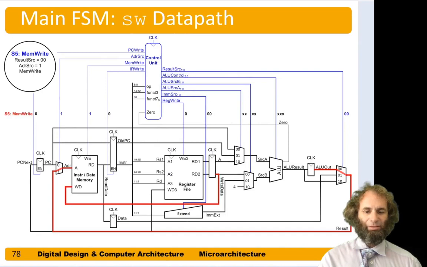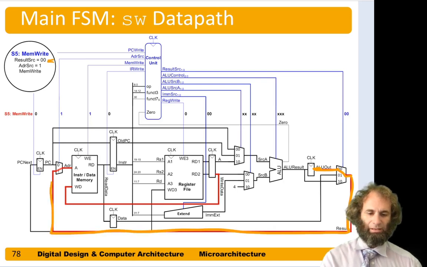So here's the data path while doing that. In the 4th step, the address was sitting here in ALU out. We need to make result source 00 to choose that address. Bring it back around and address source to be 1 to provide that address to the instruction and data memory, just like in a load word.